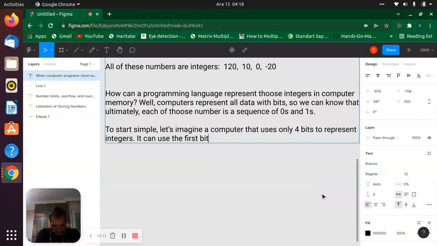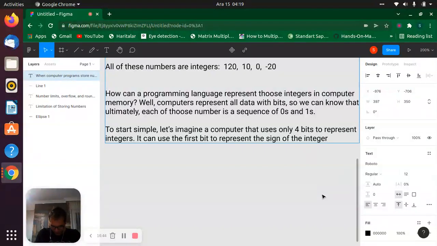The first bit to represent the sign. What I'm saying here, sign operator. I mean, the sign of the integer.